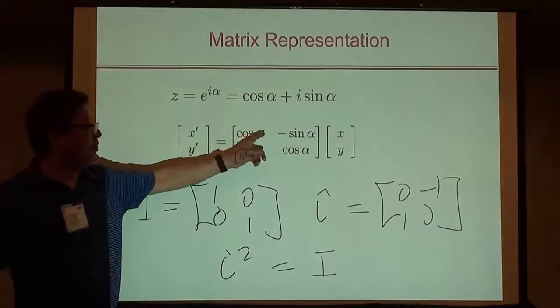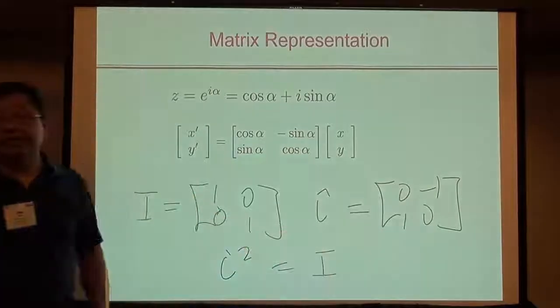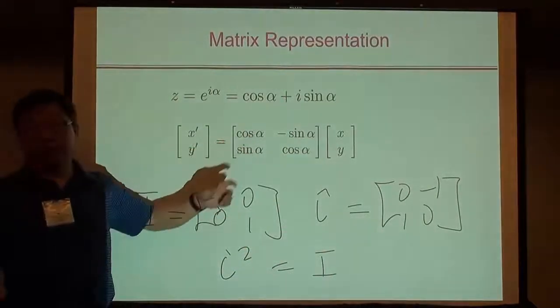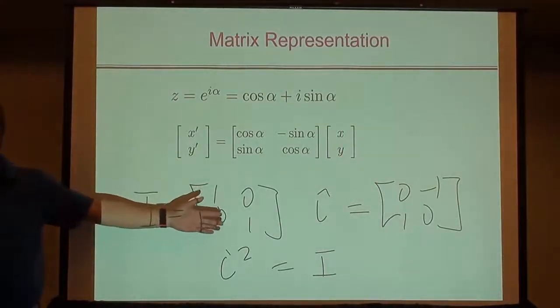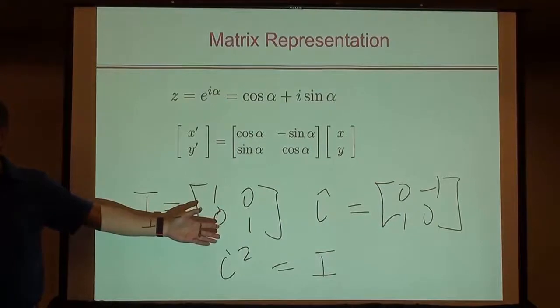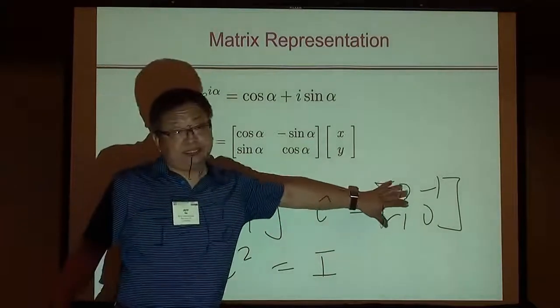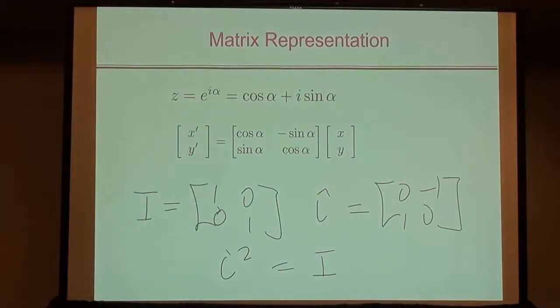So when alpha equals 90, this matrix is equal to this. When alpha equals 0, that means no rotation at all, and then you get the identity matrix. What this tells you is that this is the rotation operator that rotates a vector by 90 degrees.